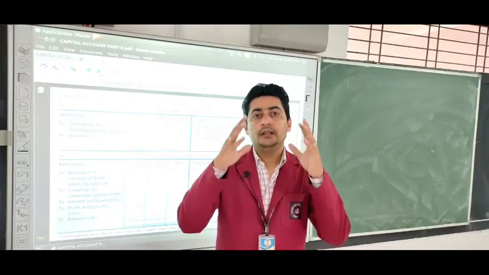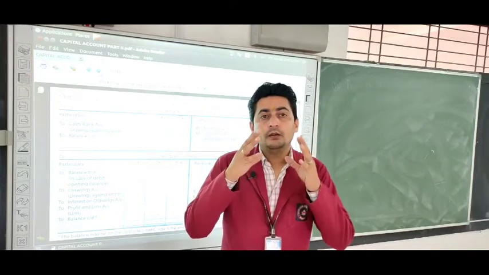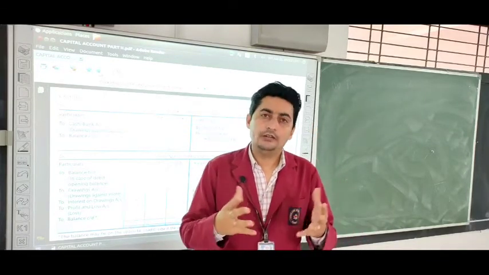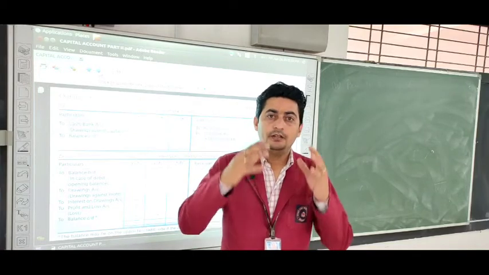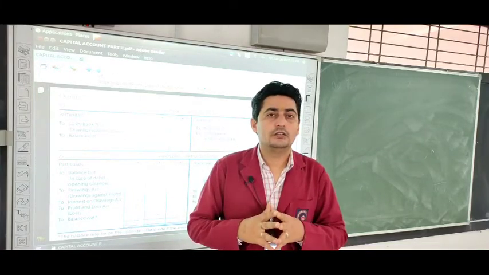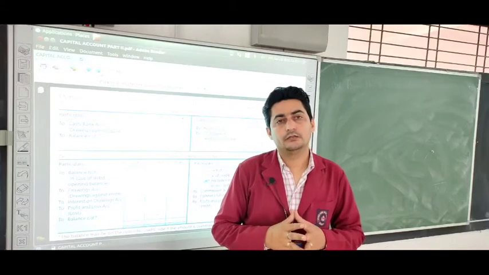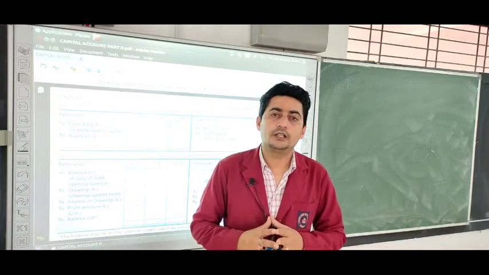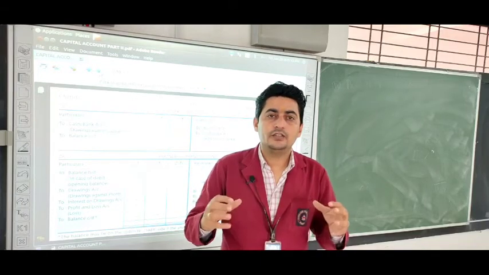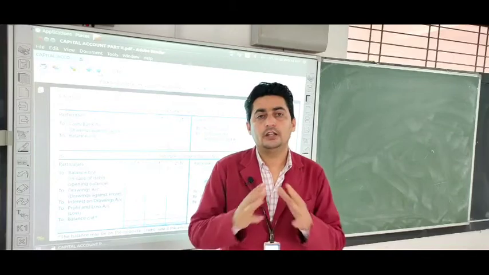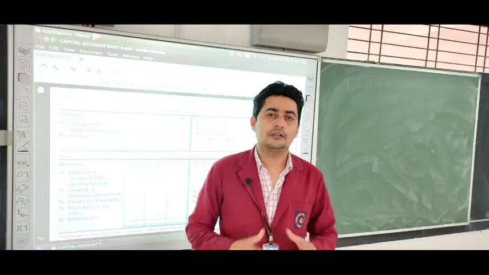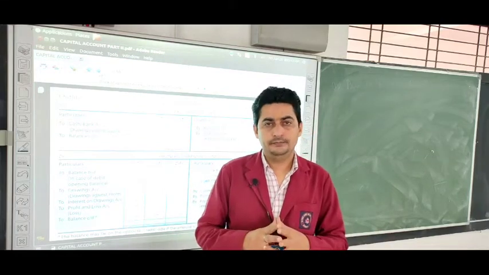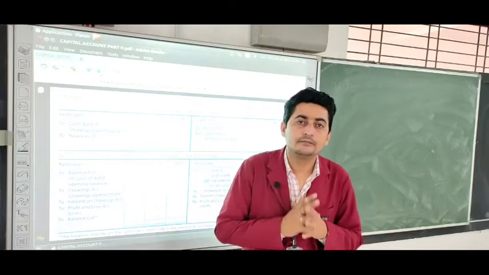Okay students. Third thing, all the things related to partners will come under capital account or current account. Remaining transactions will not come in capital account or current account. Only the things related to partners will come in capital account. If the transactions are not related with partner, it will not come under capital account or current account. For example, manager's salary, manager is not our partner, so manager's salary will not be here.